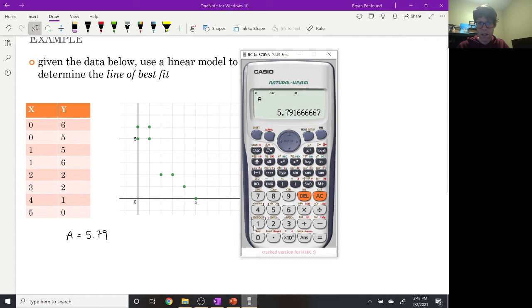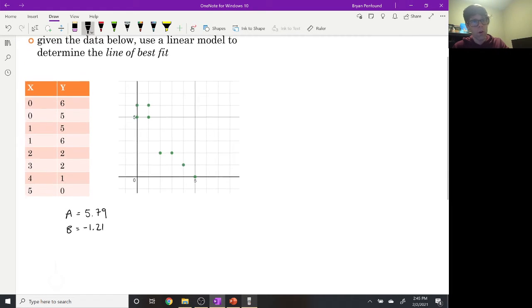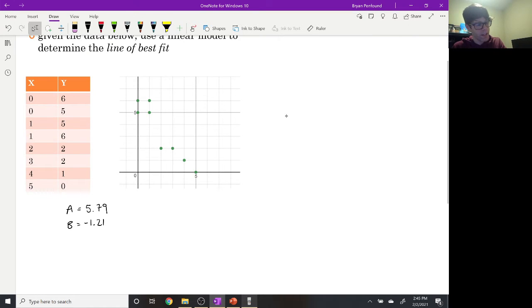And heading back into that submenu, let's take a look at B. And B comes out to be about negative 1.21, let's say. So according to our calculator, the line of best fit should be y hat is equal to bx plus a. So negative 1.21 times x plus the y-intercept.